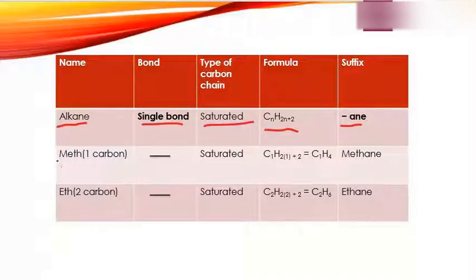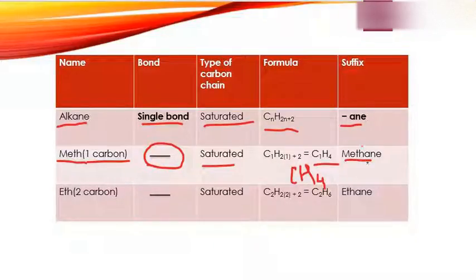Like for meth, 1 carbon, as we are using single bond which is saturated, putting 1 in for n, C1H2+2 which is C1H4 or CH4 which is meth and the suffix is ane.